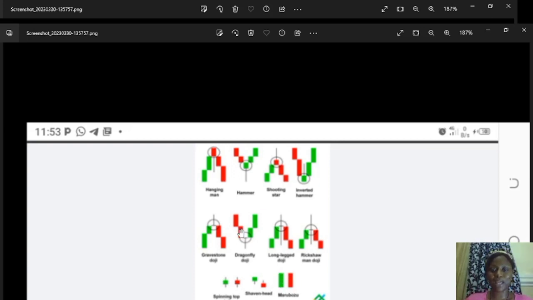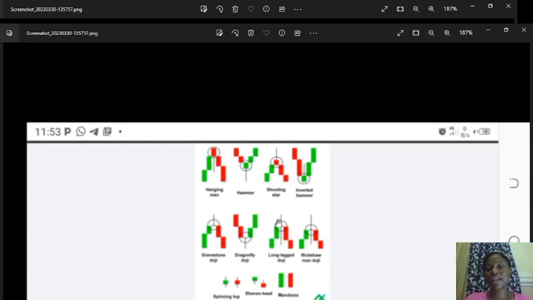And I was talking about the long-legged doji. The long-legged doji is a longer candle that looks like a T when the market opens and closes at the same point. With a longer wick, most times there's both buy and sell pressure and indecision at that point before the market finally closes at a particular point and opens at that same point.